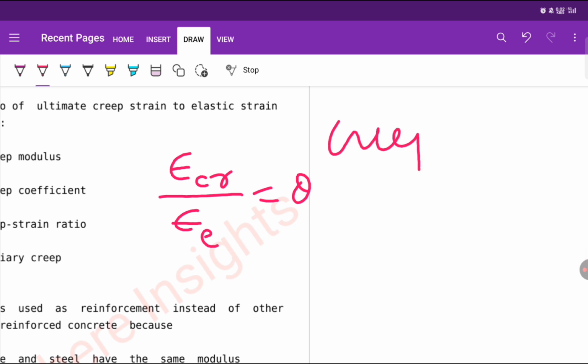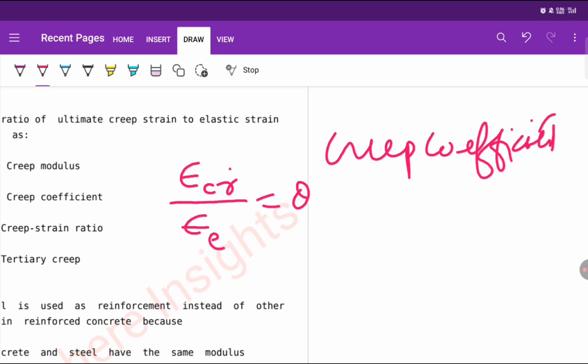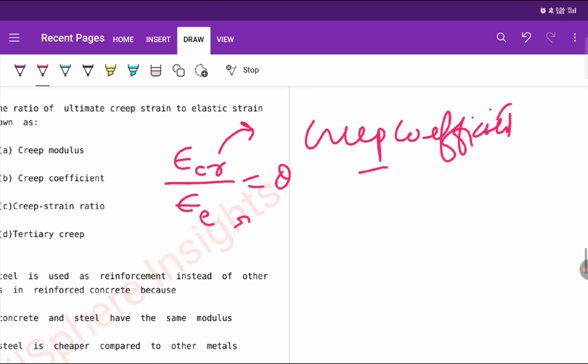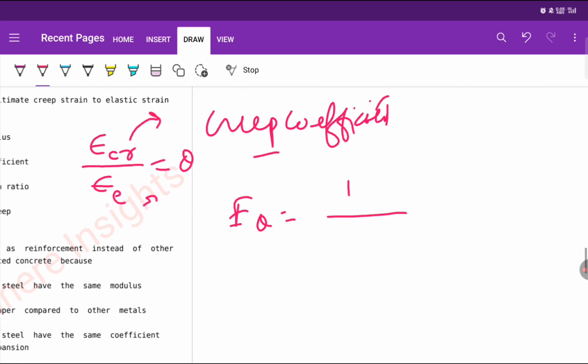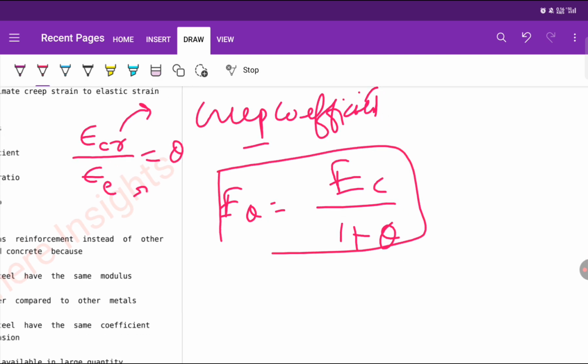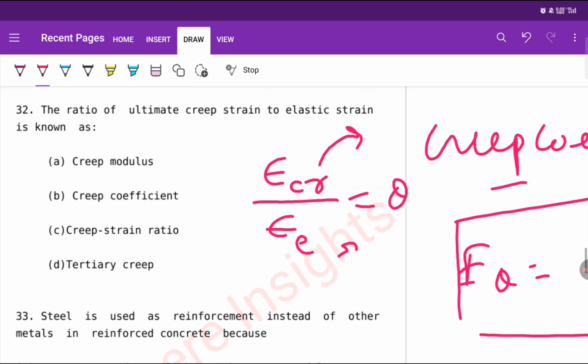The ratio of creep strain upon elastic strain is called the creep coefficient. There is another formula: long term modulus of elasticity is equal to short term modulus of elasticity upon 1 plus creep coefficient. This formula is also important. So creep coefficient is the correct answer.